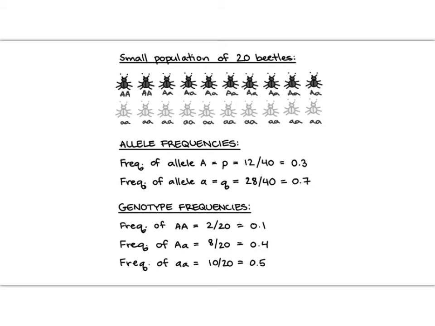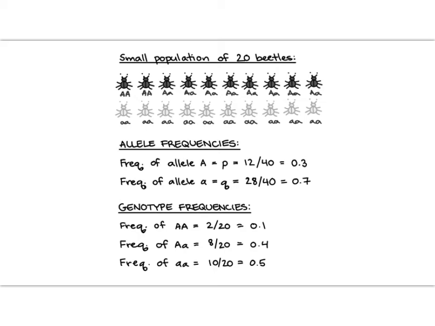And we've got the light, which is made up of homozygous recessives. Now genotype frequencies: the frequency of Q squared would be little a little a. There are 10 of them out of 20, so that would be 0.5. So half of those individuals would be Q squared.